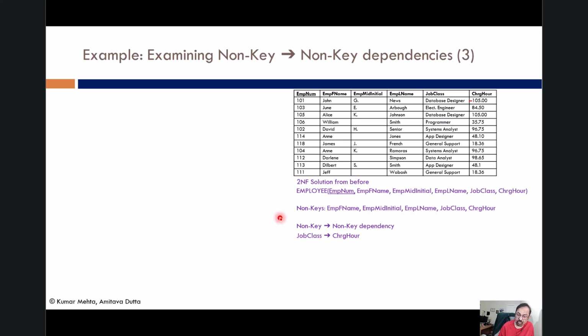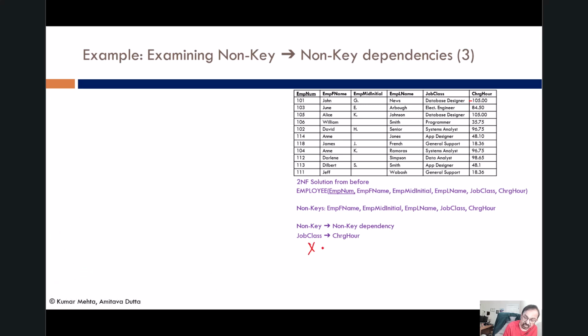Okay. So remember we said in the previous lecture that functional dependencies are the key to rigorously examining tables for these anomalies. So now for the third normal form, we are checking, are there any dependencies between two or more non-key attributes? So non-key to non-key dependency, is it there? And in this case, we do. The discussion that we had a little while back tells me that job class functionally determines charge hour. That means if I know job class, one value, so remember the x's and y's that we had.